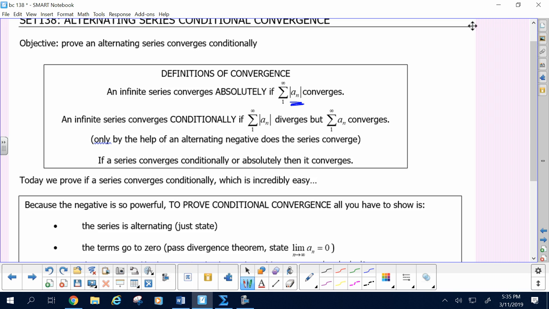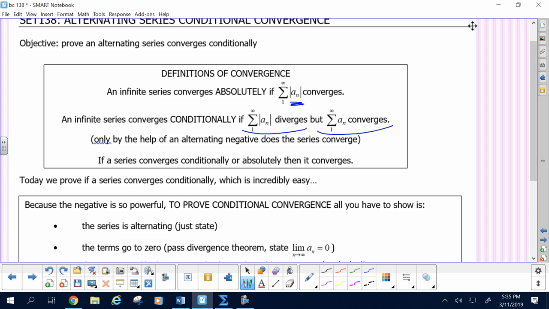Today we'll talk conditionally. If you run it without the negative and it diverges, which is to say it does not converge absolutely, but with the negative it does converge, then that's called conditional convergence. If the negative one that alternates helps it converge, then it's conditional convergence.